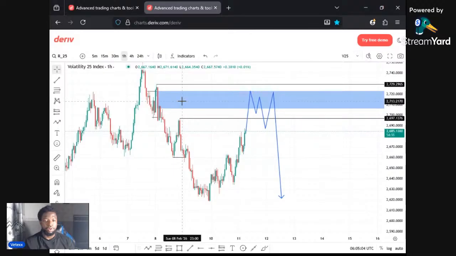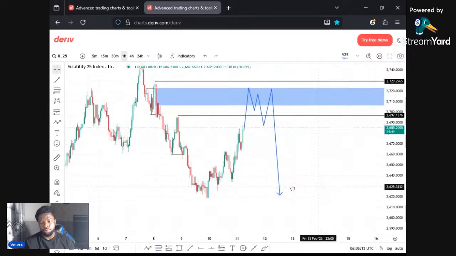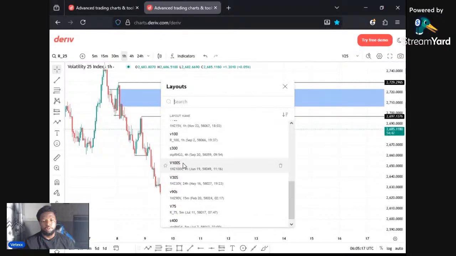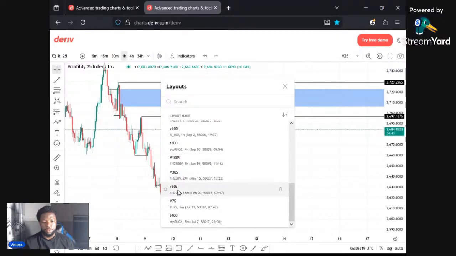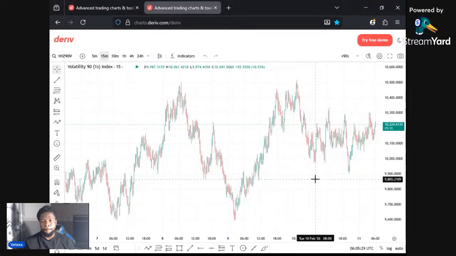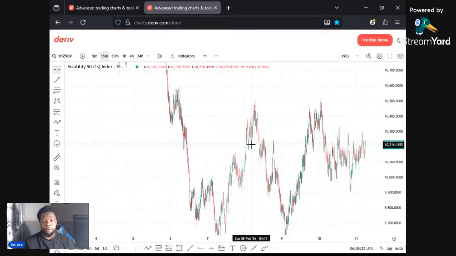Right now we have Step 100 and this V25. Let's check if this is up to 50% retracement. Okay, of course it is. So we save this. The next pair we'll be checking is V90. V90, yes. What do we have on V90?